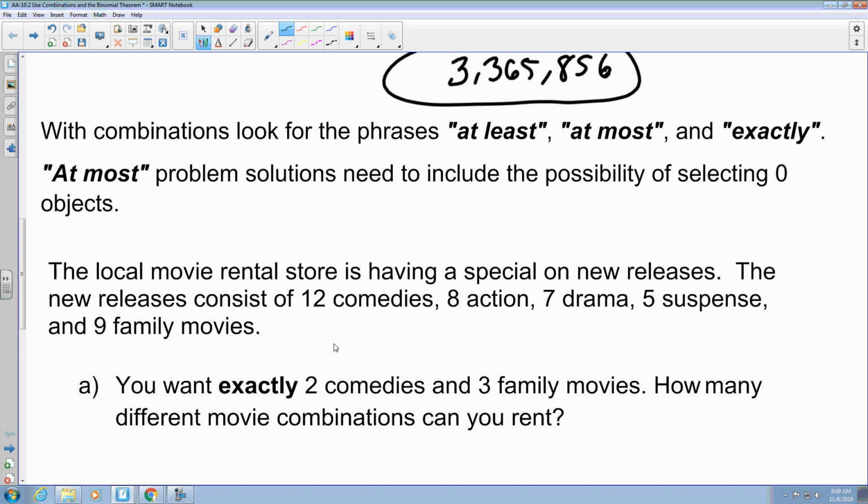Anytime you're looking at the term exactly, we're dealing with a multiplication problem. When a problem says at most, it's going to involve an addition sign. When we're looking at least, technically it's an addition sign, but we're also going to be doing something with subtraction. I'm going to show you what that looks like when that example arises.